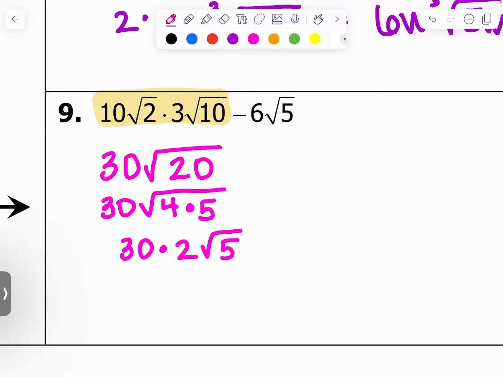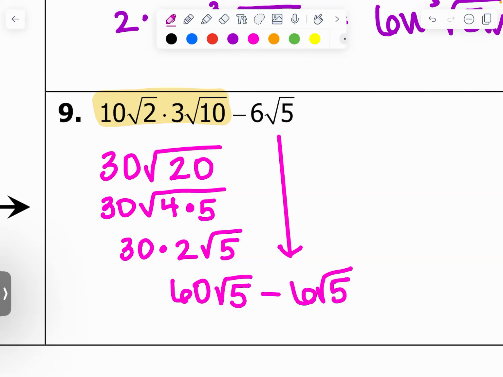Are you all the way to the end? Yeah, I'm done. Can you wait for me? Okay, so this that I have in pink is 60 square root of 5. Do you agree with that? But we still have minus. It is such a coincidence that they are both radical 5.